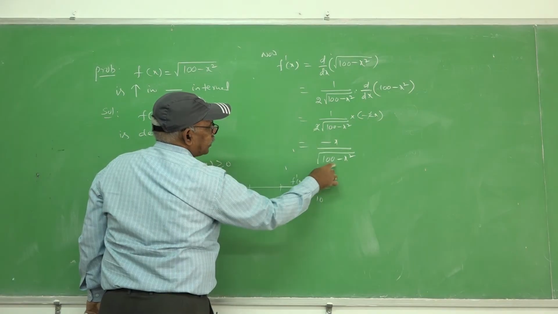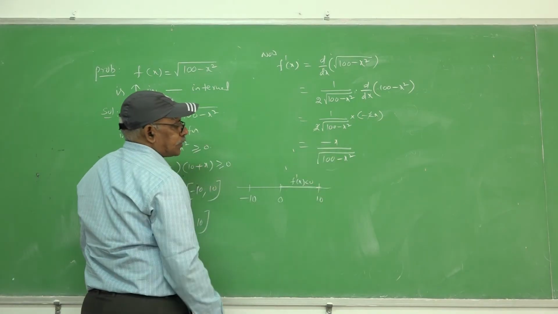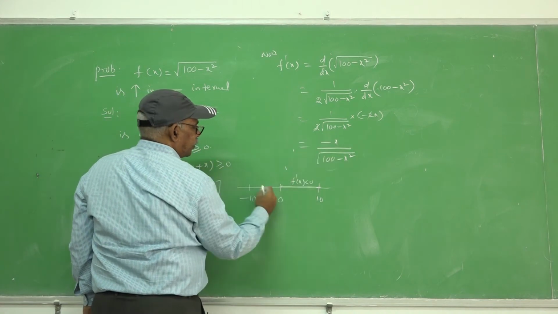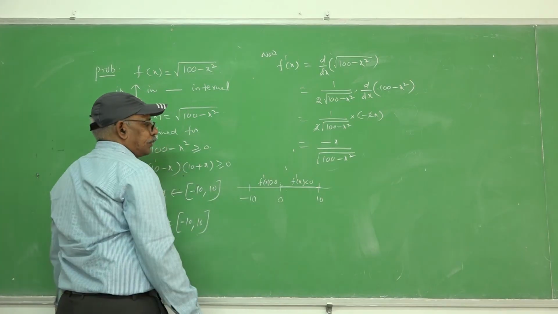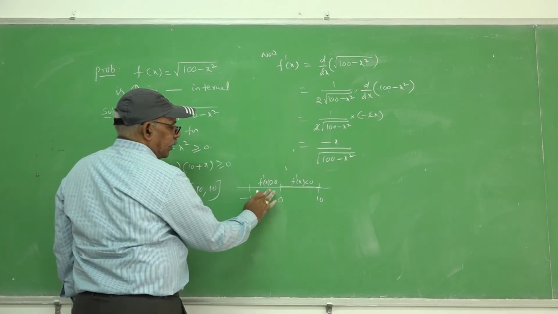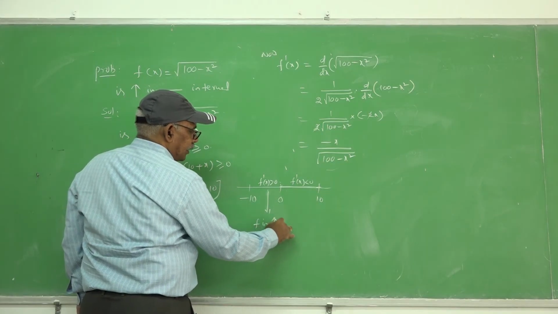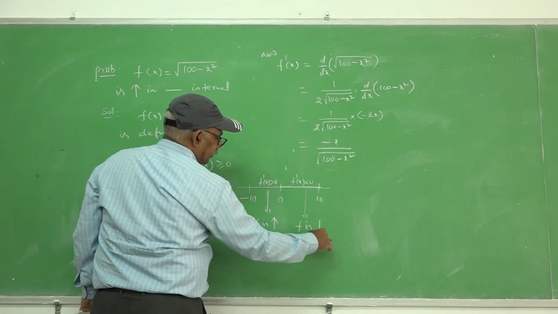Once x is positive, because of minus, it is negative. F dash x is negative. Whenever x is negative, negative of negative is positive, in this interval f dash x is positive. So in this interval, f is increasing, whereas in this interval f is decreasing.